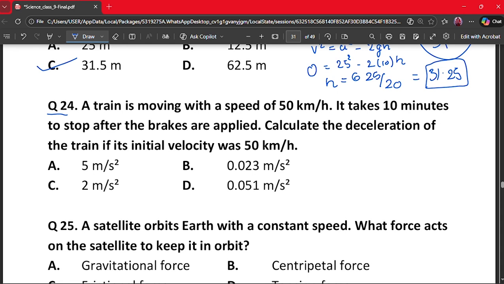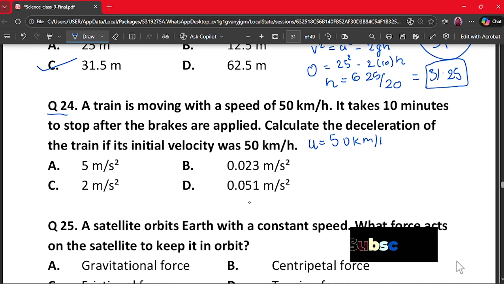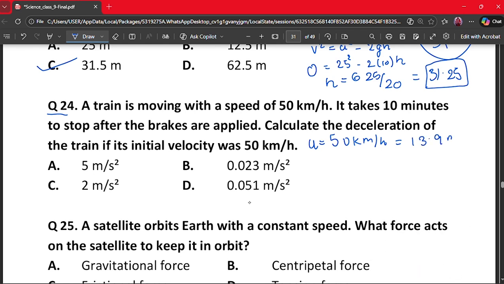So here initial speed, that is u, is equal to 50 kilometer per hour, which if we convert to meter per second is 13.9 meter per second, and our final speed, that is v, is equal to 0, and our time, which is t, is 10 minutes, which converted to seconds is 600 seconds.